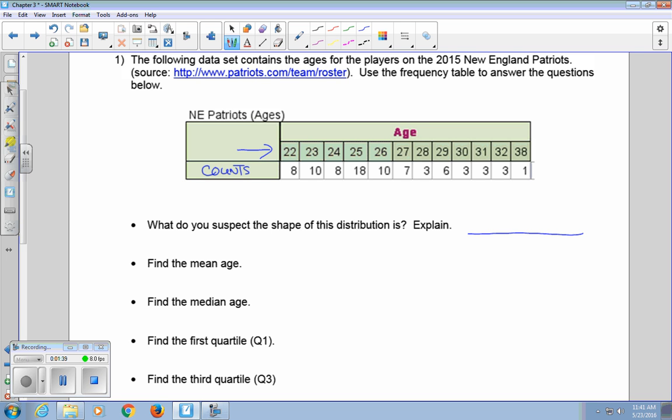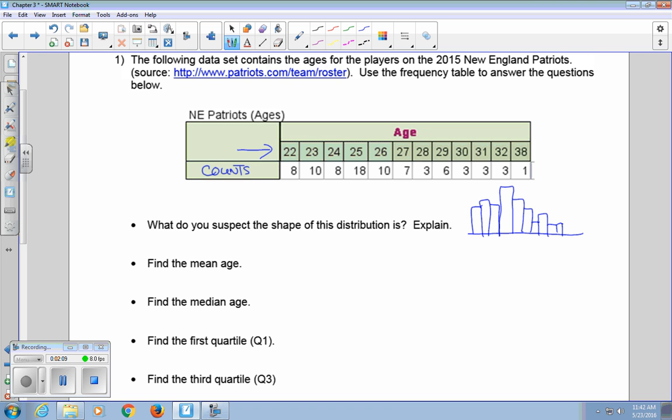So I have 8 players that are 22 years old. It's kind of like you could make a sketch of a histogram. Next, I have 10 players, so a little bit taller bar, that are 23, 8 that are 24, 18 that are 25, 10 that are 26, 7 that are 27, 3, 6 that are 29, 3, and 1.